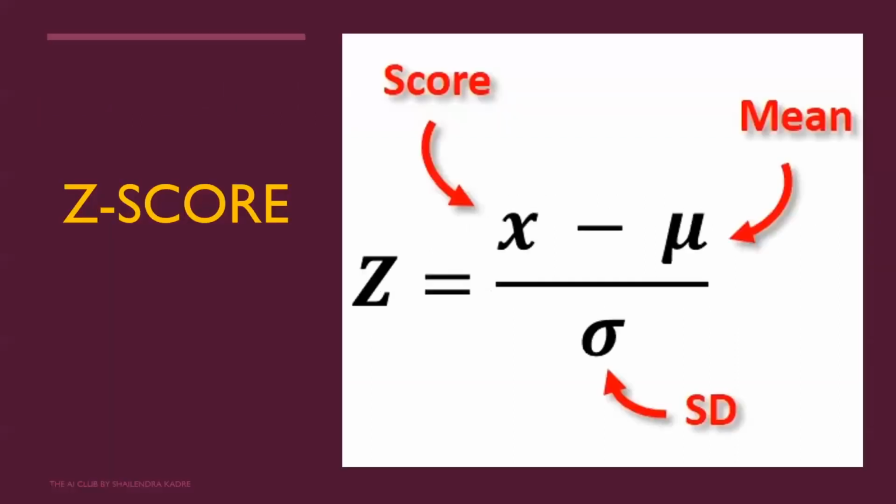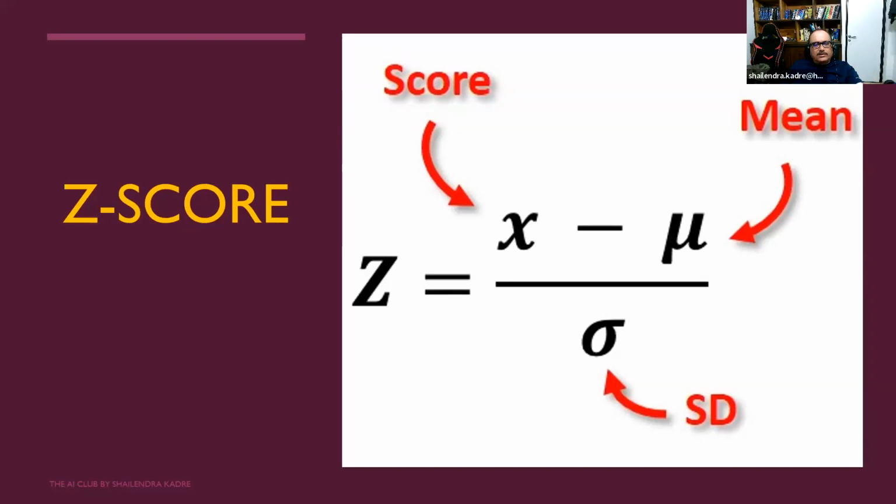Yes, sir. Okay, so now I'm introducing one more simple concept here, which is called Z-score. Z-score is a new concept. Just try to understand from the formula. Z is equal to (X minus mu) over sigma. X is nothing but your data science variable.